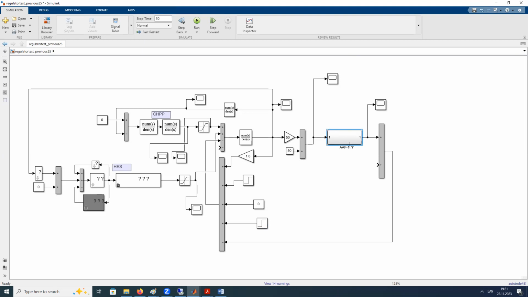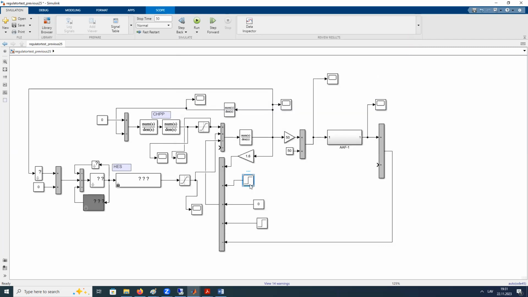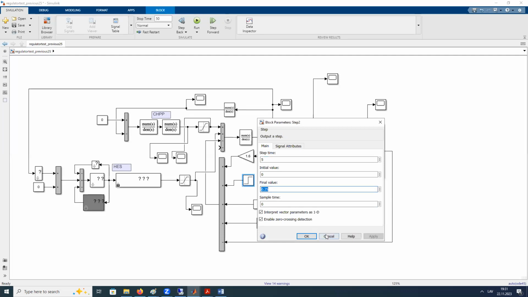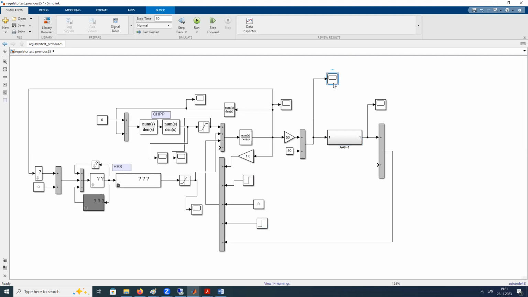From here, we could see how much load we have disconnected. You could see we have disconnected 13%. And here we got the total deficit of 25 plus 25. And what is going on with frequency?